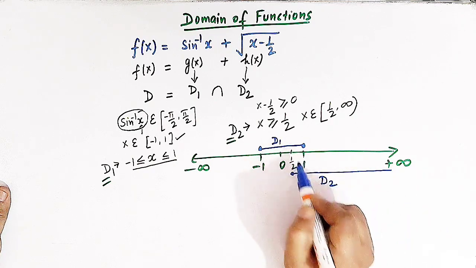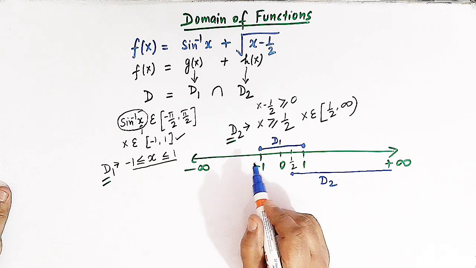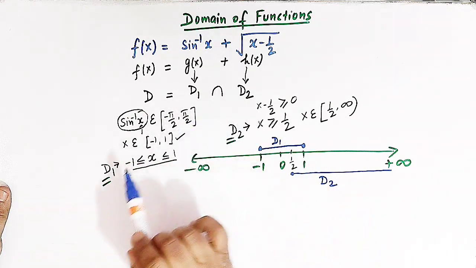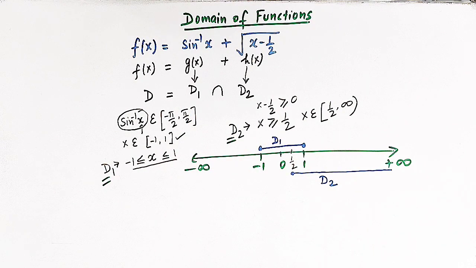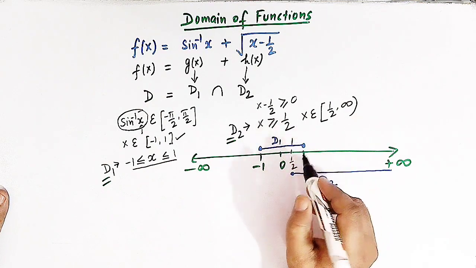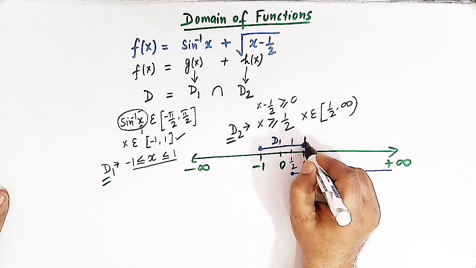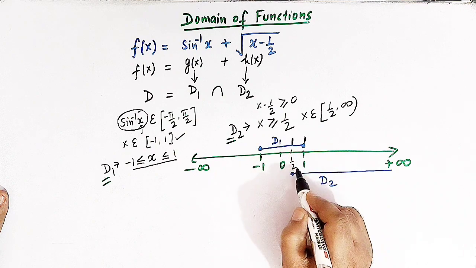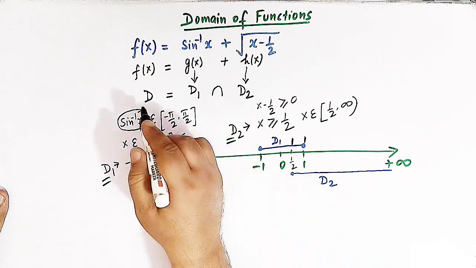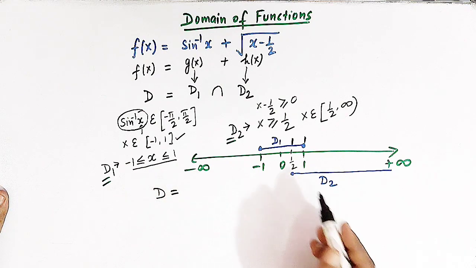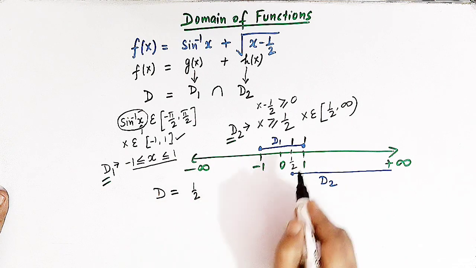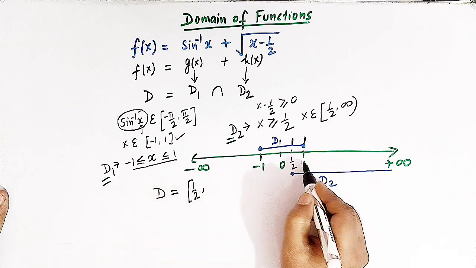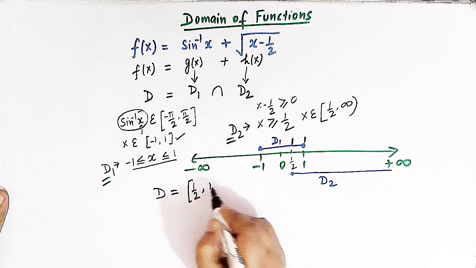Now we have to identify the common region lying between these two domains, that is d1 and d2. And from this representation, we can easily see that this region, that is from half to 1, right? So this part is common to both these domains, right? So d can now be written as from half to 1, right? So half is also included, and here 1 is also included, right?